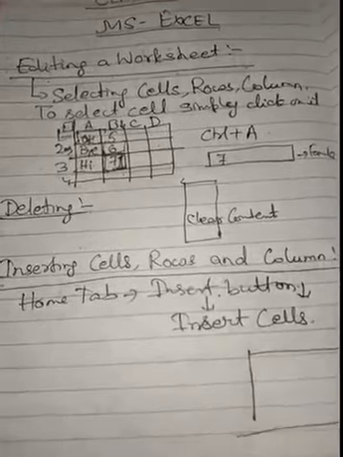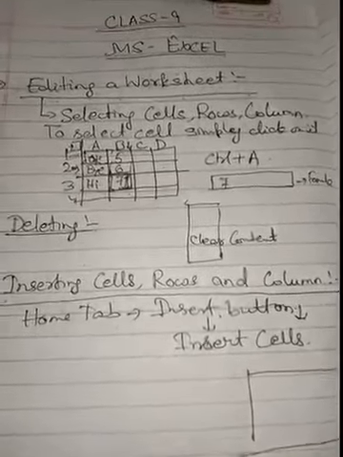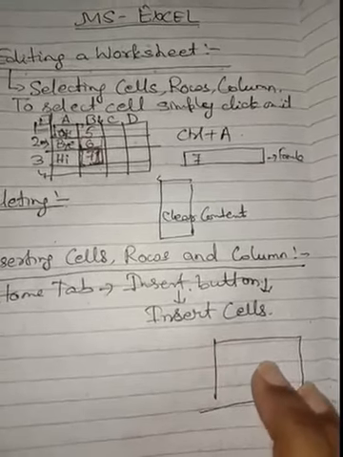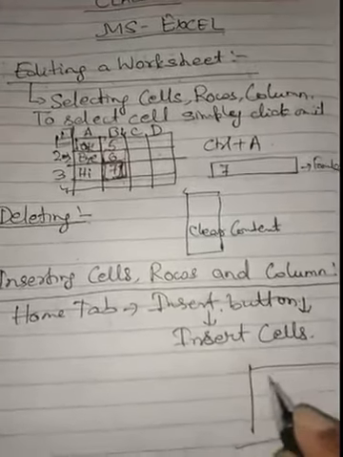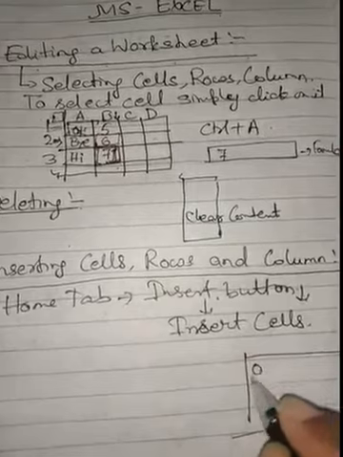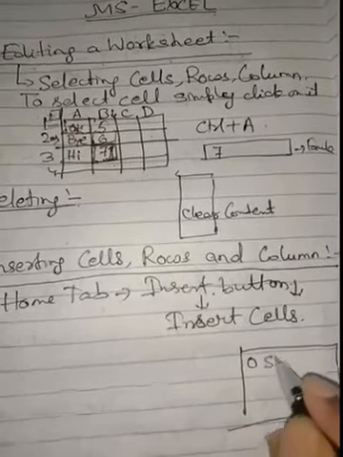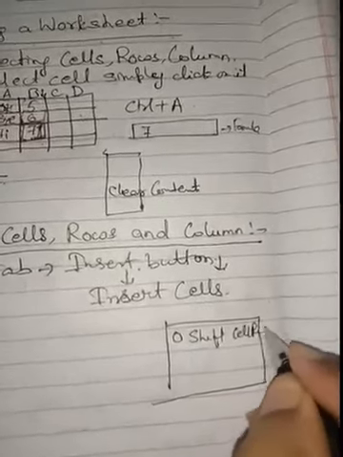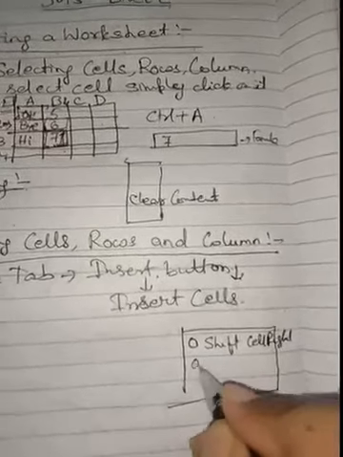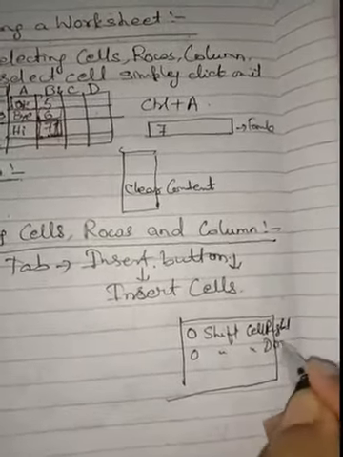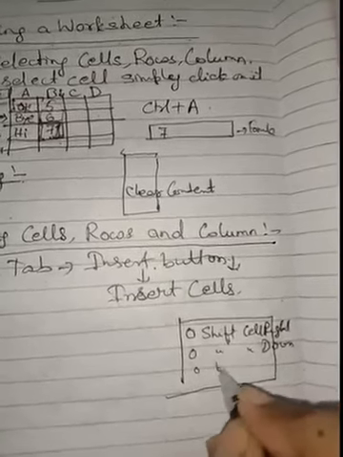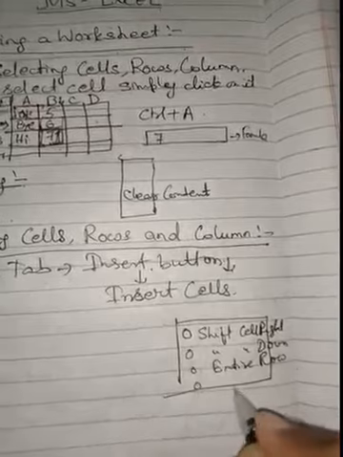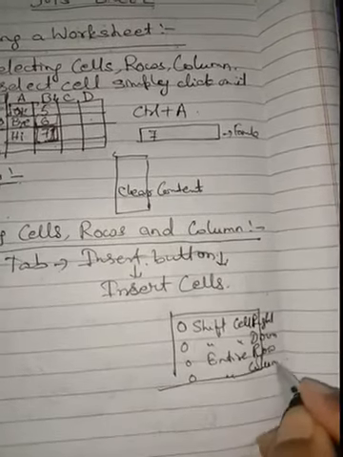From here you will have the options: shift cells right, shift cells down, entire row, entire column. This type of combo box will appear.